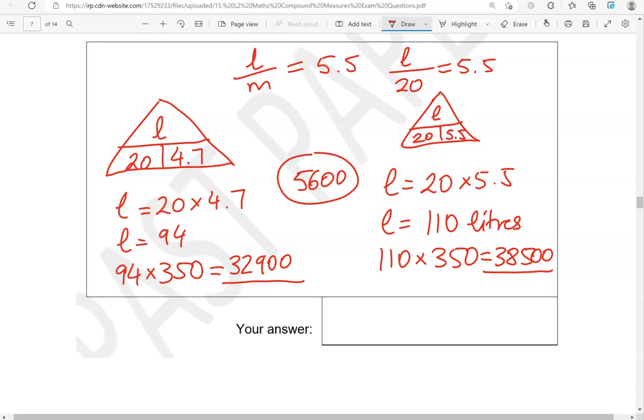So that is not more than 6,000. We're going to say no, it's 5,600 liters.